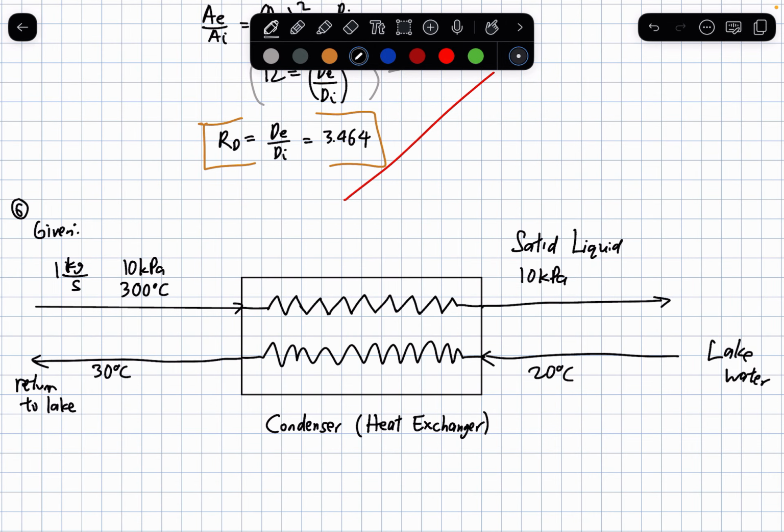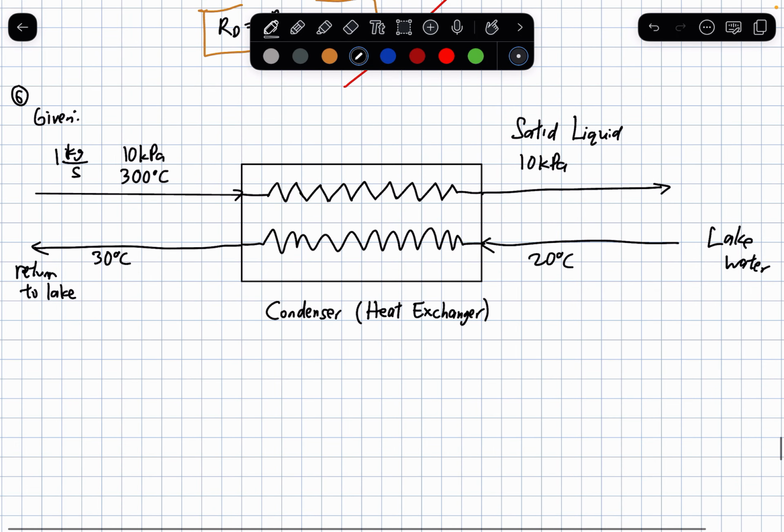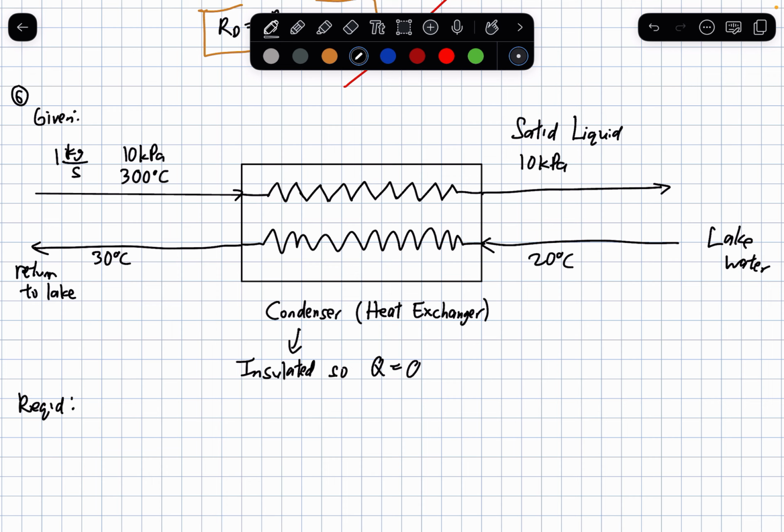For an insulated condenser, so there is no heat transfer, Q is 0. Required, find the flow rate.